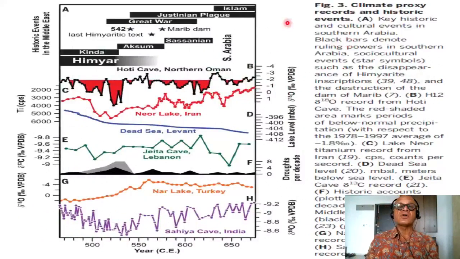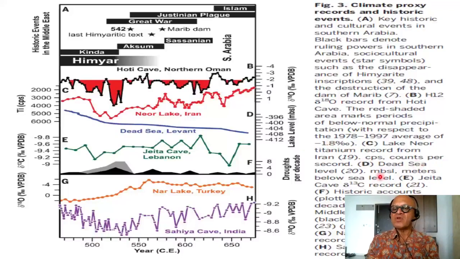Looking at the climate proxy records and historic events in a bit more detail, key historic and cultural events in southern Arabia. Black bars denote ruling powers in southern Arabia here. Socio-cultural events are marked with star symbols here, such as the disappearance of Himyarite inscriptions and the destruction of the Dam of Marib. The H12 delta O18 record from Hoti Cave, the red shaded area marks periods of below normal precipitation, so here dryness with respect to the 1978 to 1997 average of minus 1.8 parts per mil delta O18.